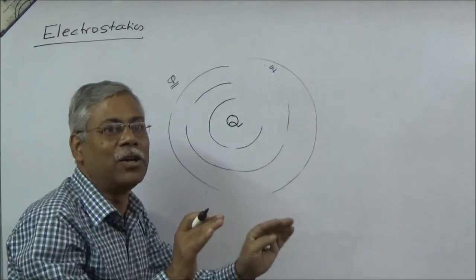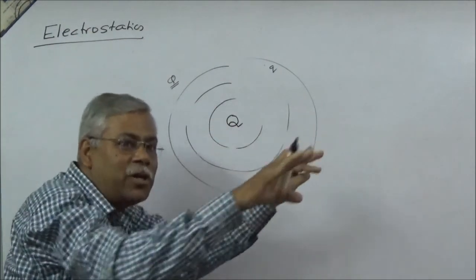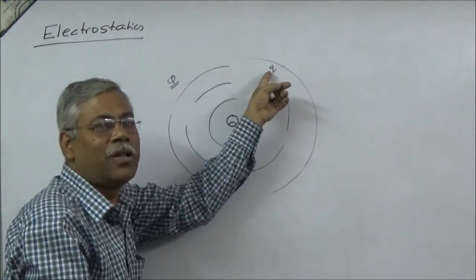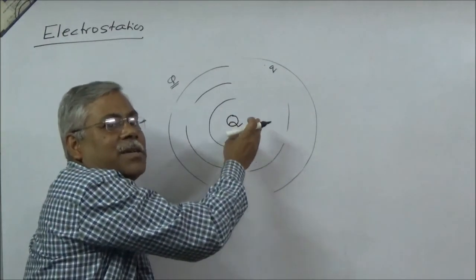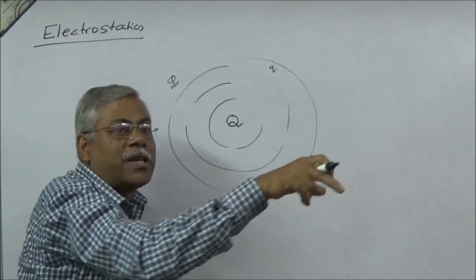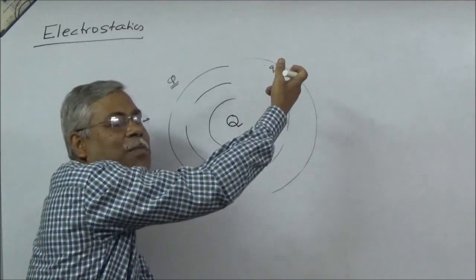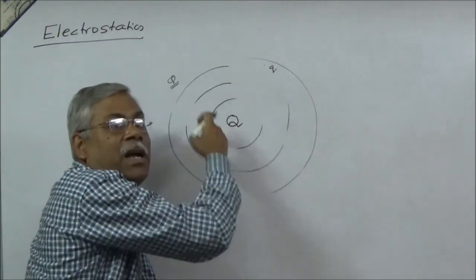That means, what is the conclusion? That means definitely this charge has produced something around it which is exerting force on the second charge. So this something that the first charge produces around it, which exerts a force on any other charge placed in the neighborhood, is called the electric field of this charge.